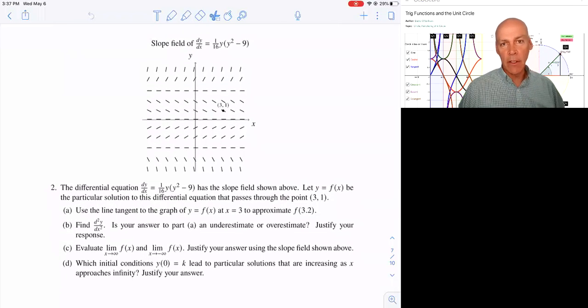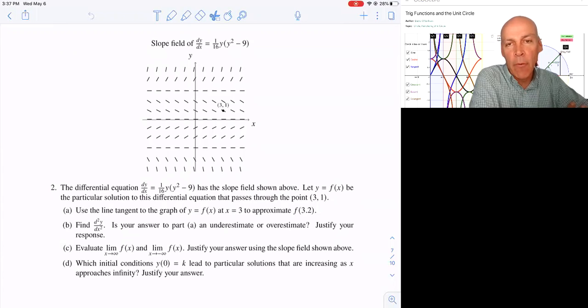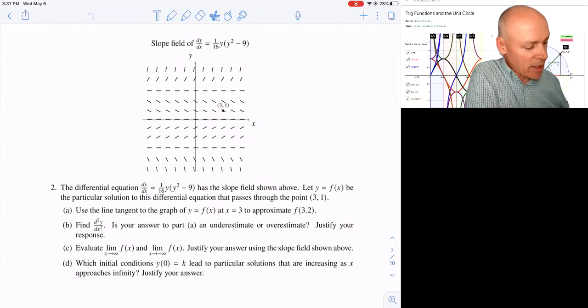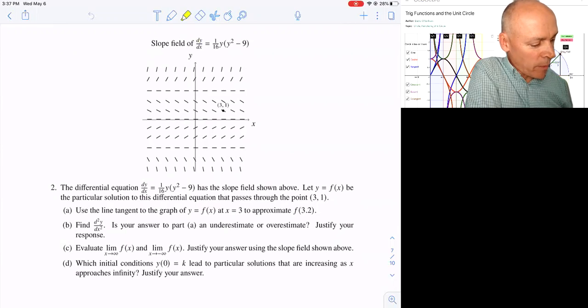We're given a slope field for the differential equation dy/dx is equal to 1/16 y times the quantity y squared minus 9. So there's our differential equation. Here's our slope field and stem of the problem. Our differential equation has the slope field shown above.